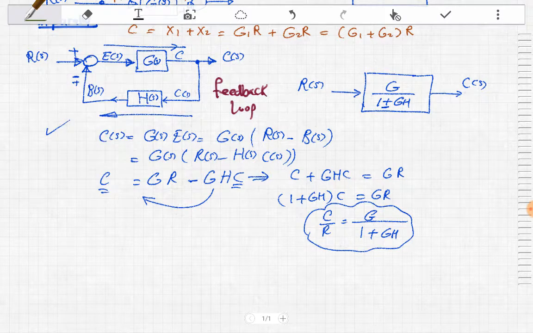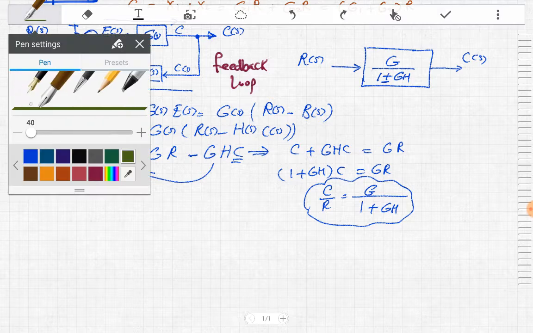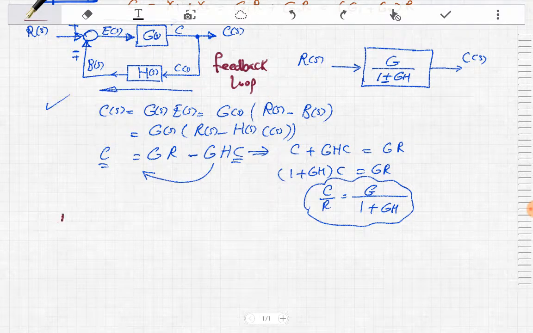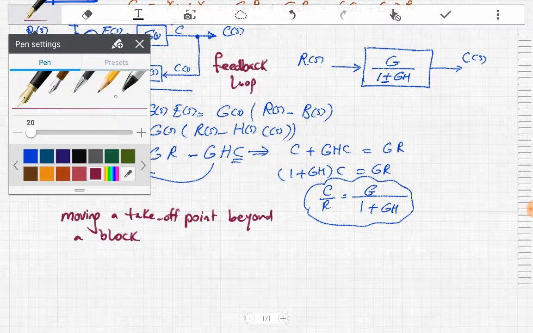Now we'll get another important thing. It's called moving a takeoff point beyond a block. I'm going to give you 2 rules that are really very helpful in solving some problems.